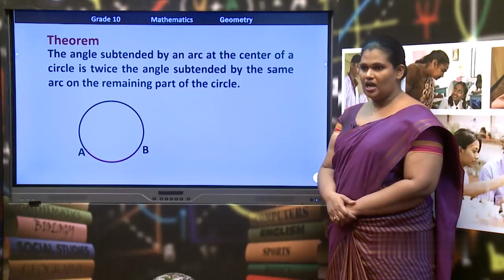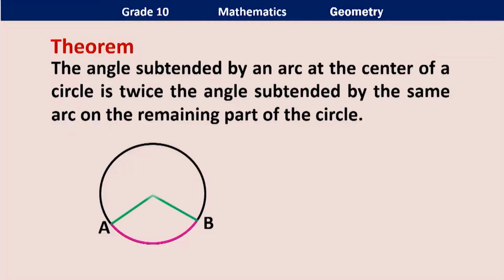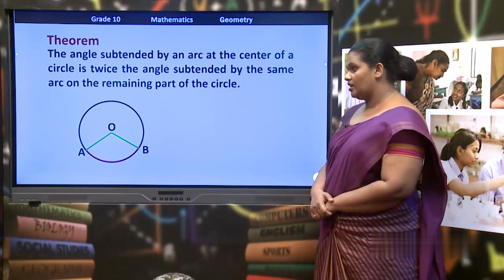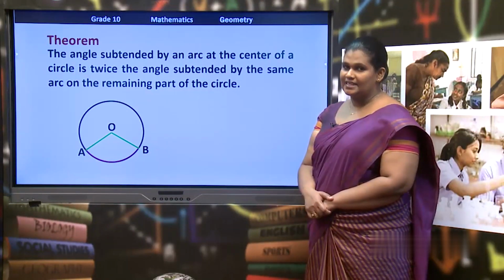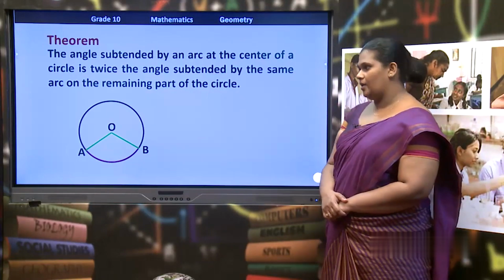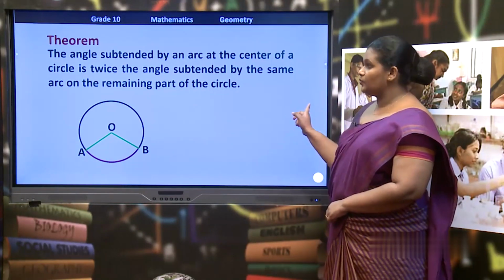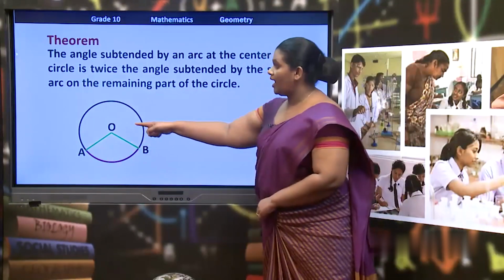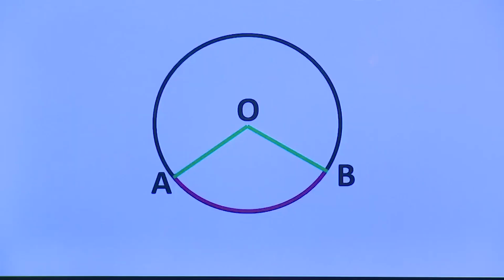I have got AB minor arc and I have marked angle AOB. By now, we know that is the angle subtended at the center of the circle by the minor arc AB. This is what the theorem says: the angle subtended by an arc at the center of the circle. Now, the first part is done. We can identify that. Then the second part we will see.